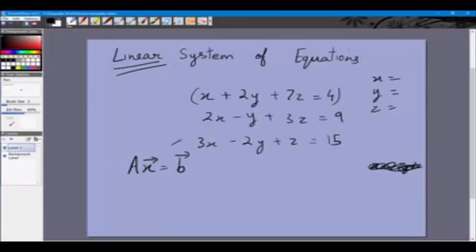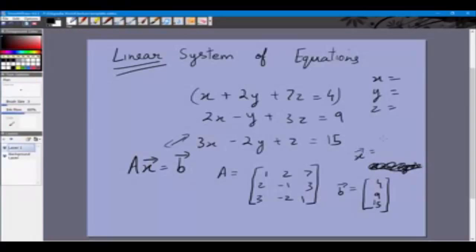Now this would be the same as this system if we chose A is equal to 1, 2, 7, 2 minus 1, 3, 3 minus 2, 1, and we chose b is equal to 4, 9, 15, and we chose x is equal to x, y, z.